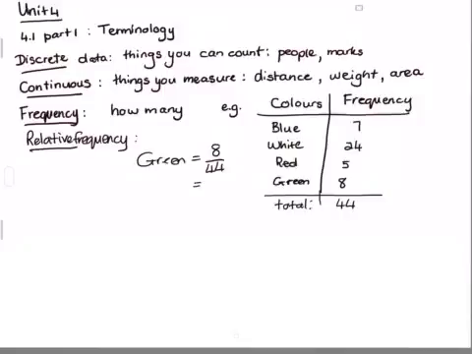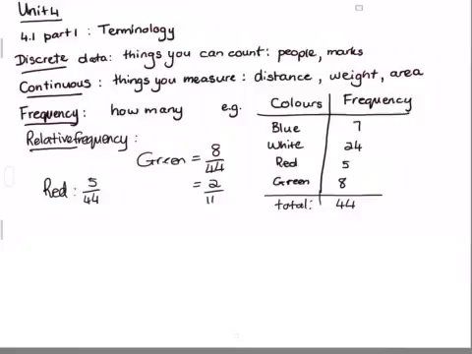And seeing as that is a fraction that can simplify, I always simplify my fractions. Relative frequency of red is 5 over 44, and that can't simplify. You can always write it as a decimal or as a percentage. So relative frequency is relative to the total amount.